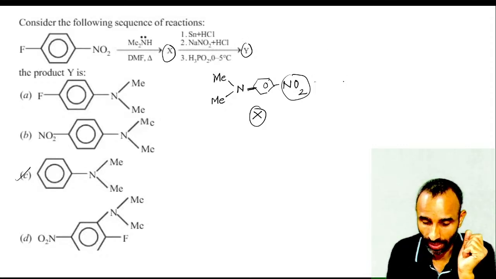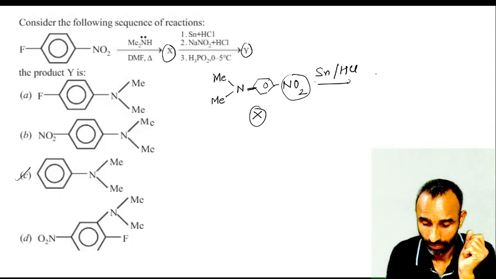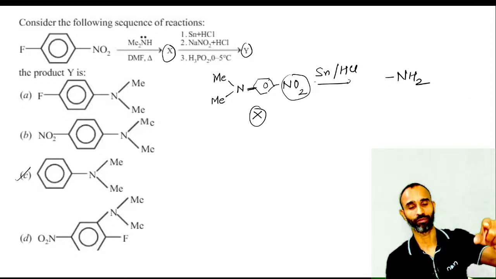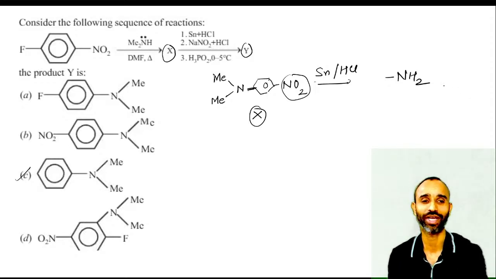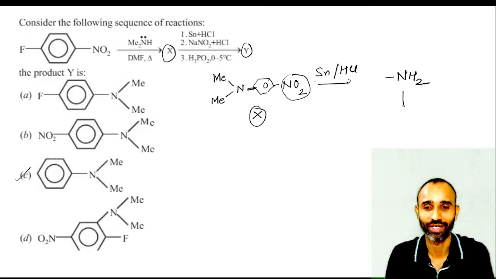Because first NO2, with the help of Sn/HCl... I have made the sequence, but actually we have started it, that's why I continue with it. So Sn/HCl, it will be like this.